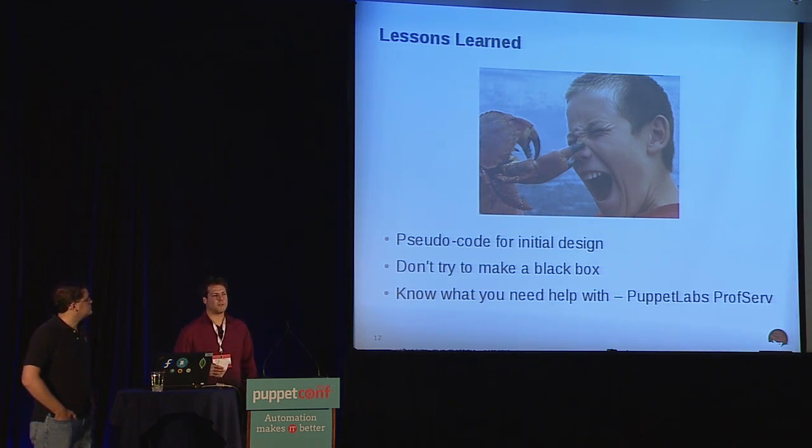Having someone who's very experienced with Puppet and can work with the very low-level providers and resource types is extremely helpful for getting the project up and running and to a point where you need it to be.